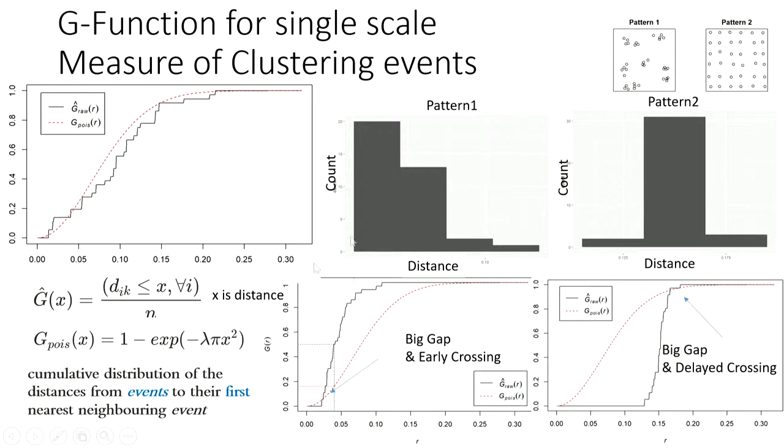In case of clustering, the nearest neighbor distance is quite high at the beginning, but slowly it starts decreasing. So it's a kind of drop. Initially there will be a large number of nearest neighbors, which means the nearest neighbors are quite close.